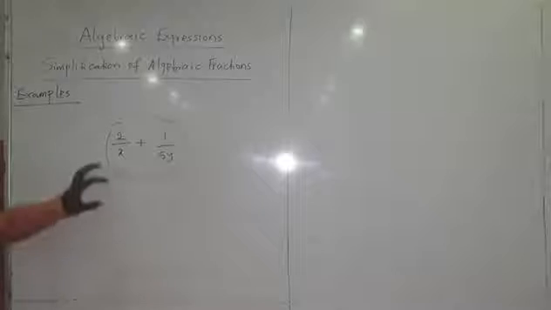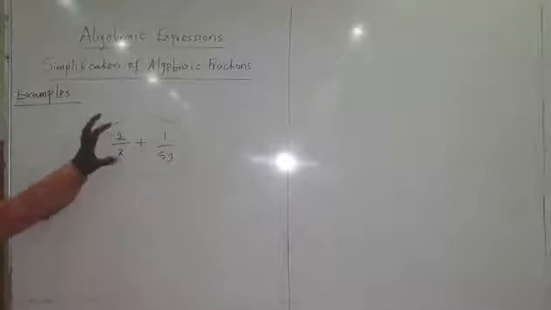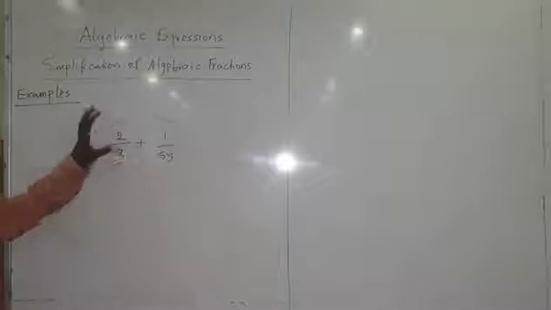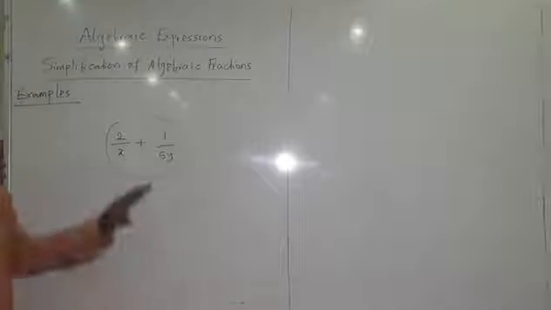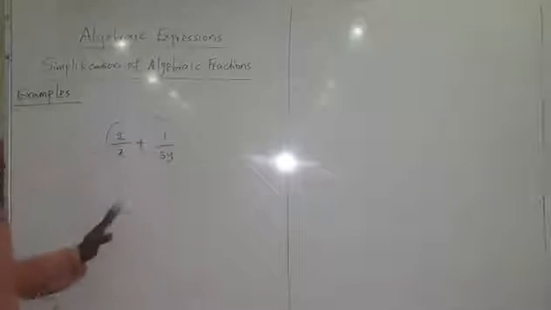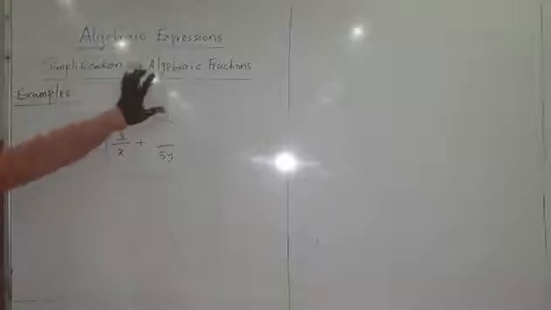In this case, for us to be able to simplify, which means we are to solve, we have to resolve this to the lowest term, or you simplify it to the lowest term. That is what brings about simplification of algebraic fractions.